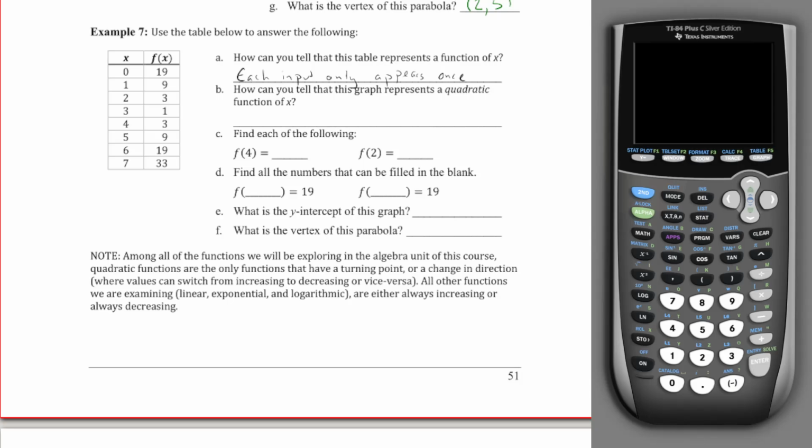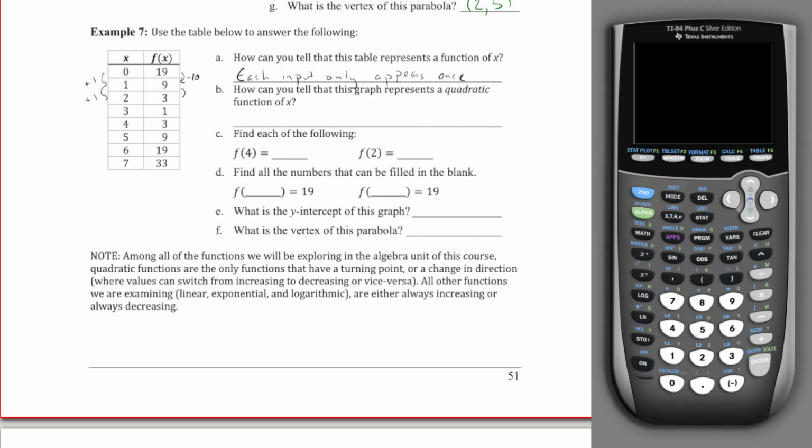How can we tell it's quadratic? Well, we can certainly see in this table that each time we go down a row, the input increases by 1. So the pattern we're looking for in the output is not a constant change, but a constant change in the change.